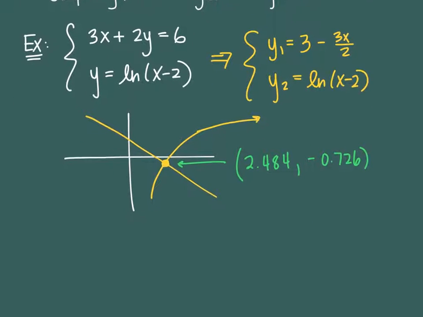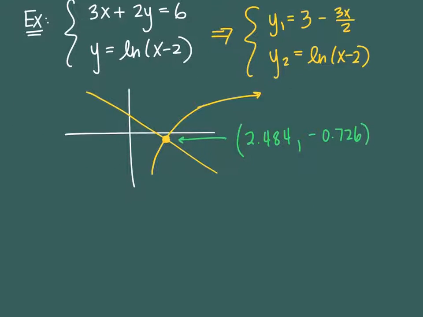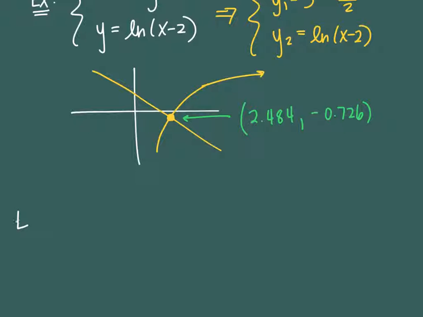All right, let's try another graphing one, because not all graphing ones come out as nicely as that. All right, so our second equation for graphing is x squared plus y squared equals 4. Sorry.